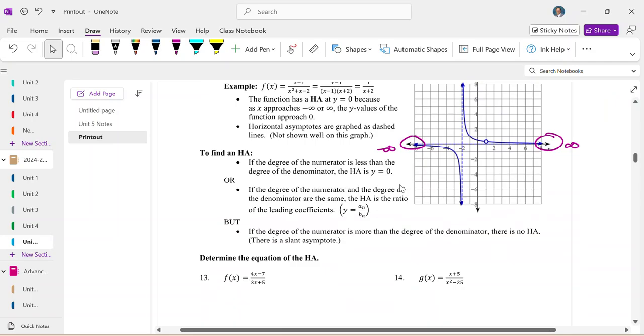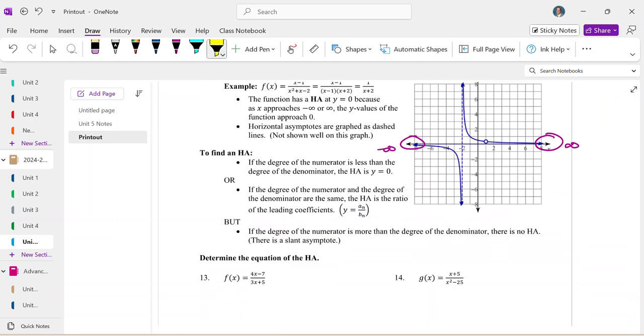There is a procedure here to find a horizontal asymptote. So there's 3 situations. If the degree of the numerator is less than the degree of the denominator, and what I mean by degree is the power of x. So like if you had x squared plus 3x plus 4 over x plus 1, the degree of the numerator is 2, that's the highest power of x.